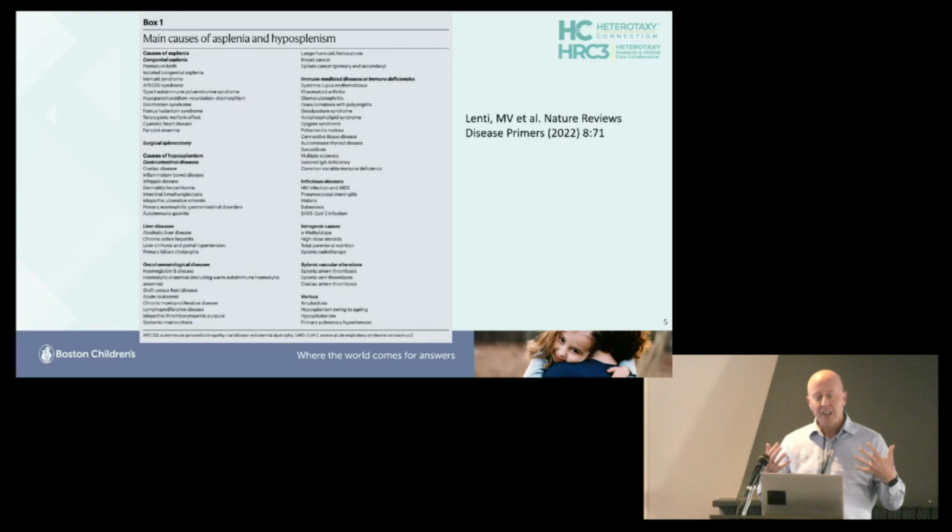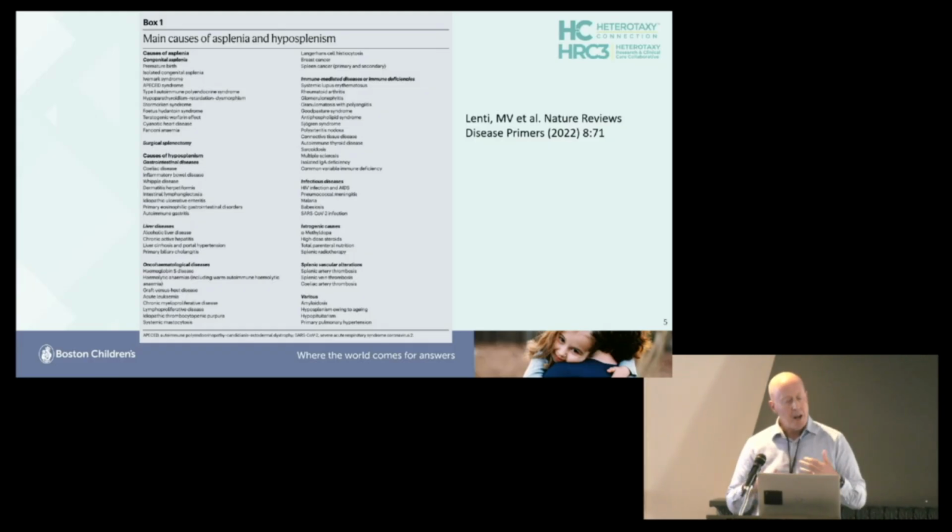This slide shows the many different causes of asplenia and hyposplenism. In our situation, we're interested in Ivemark syndrome, but there are many causes of hyposplenism, and that can include a variety of gastrointestinal diseases, liver diseases, a number of hematologic and oncologic conditions, a number of immune deficiencies and immune dysregulation syndromes, and infectious diseases.